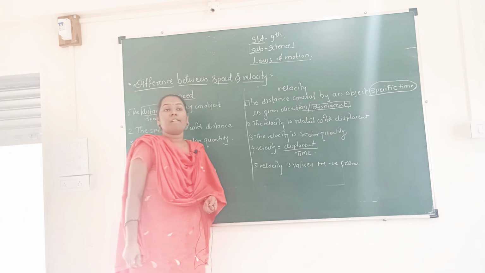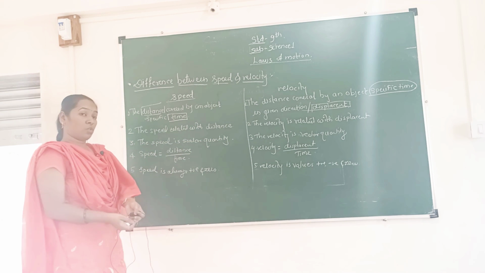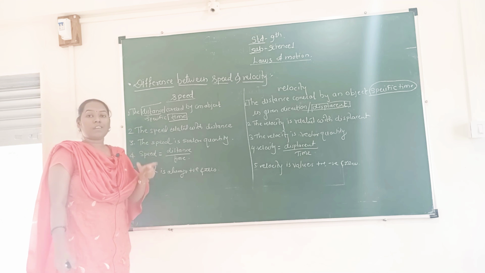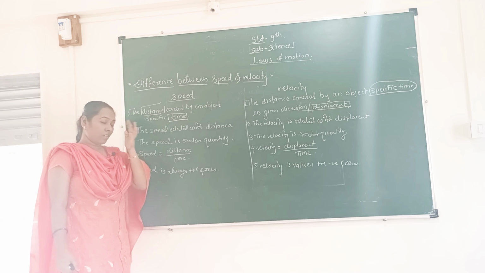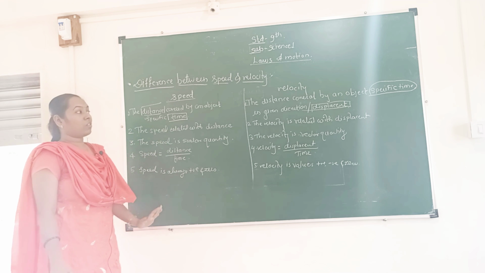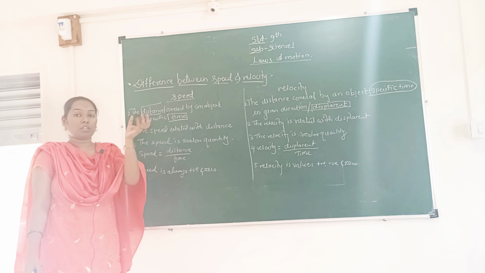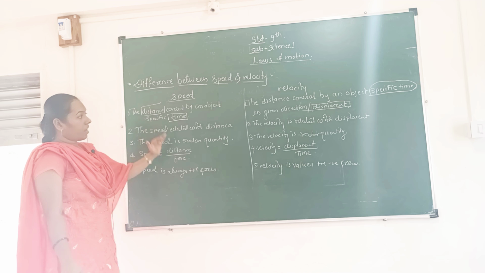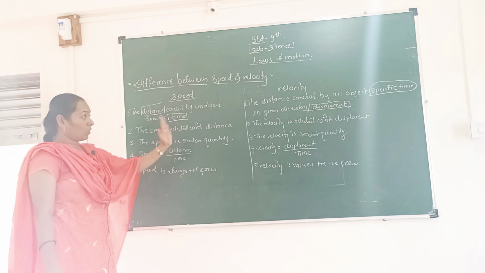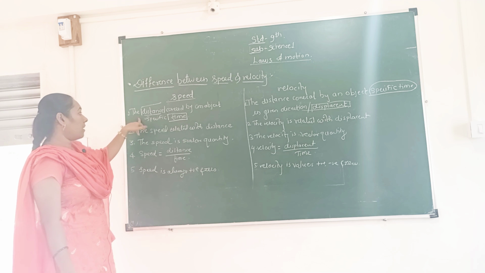So in this lecture we studied the difference between speed and velocity. We have already seen information about these two terms, and based on that information we distinguish these two terms. Here is the speed, here is the velocity. What is speed?